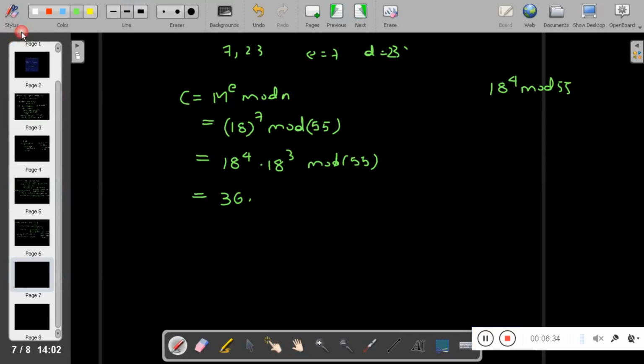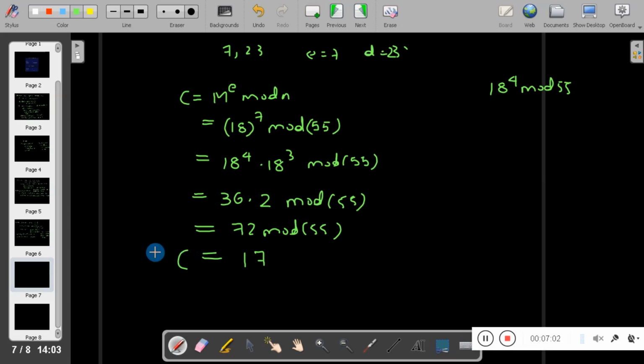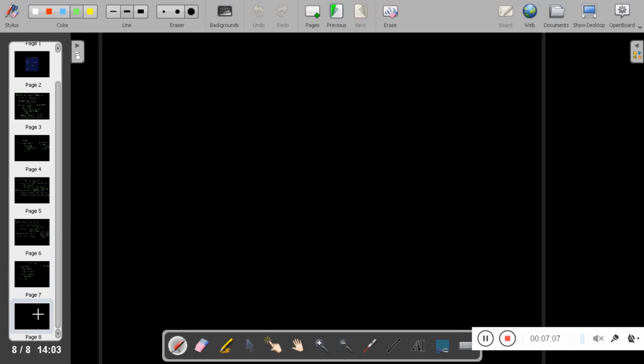So 36 into 2, once again you need to take mod of 55. 36 into 2 is 72, mod of 55. 72 mod of 55 is nothing but 17. The answer for C is 17. So now we need to decrypt it. We got the value of C, C is equal to 17.